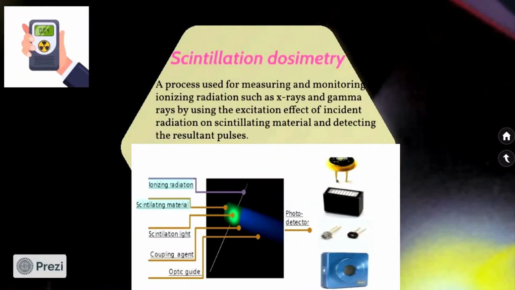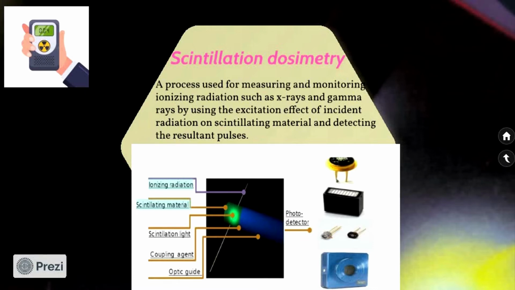It is a process used for measuring, calculating, and assessing the ionizing radiation dose, such as X-rays and gamma rays, which are absorbed by the human body, by using the excitation effect of incident radiation on scintillation material and detecting the resulting pulses.